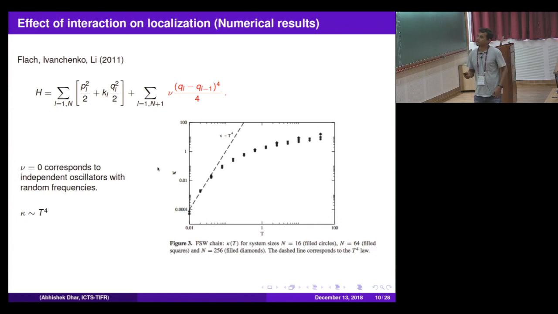Okay, so now another model that was studied later was a slightly different model, where you put the anharmonicity not on site but on the springs. So here if you switch off the anharmonicity, you can see that these are just isolated springs, which is obviously the most strongly localized system. This model is called the FSW model, I think Froelich, Spencer, and Wayne.